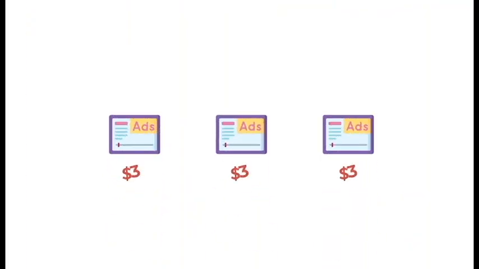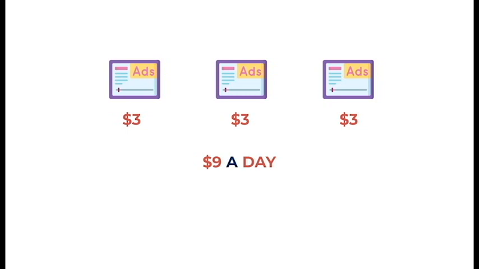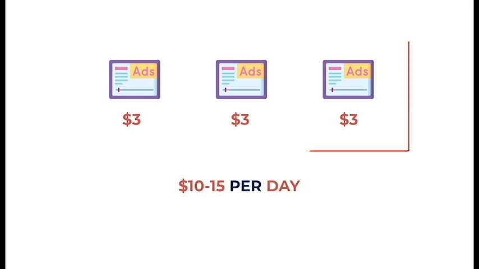So $3 per ad, that's $9 a day. So I'd say anything between $10 to $15 per day in that instance. If it was 1 ad, maybe even $5 a day, to be honest. So you want to spread out that budget across a few days. You don't want to leave that budget just in 1 day, ideally.